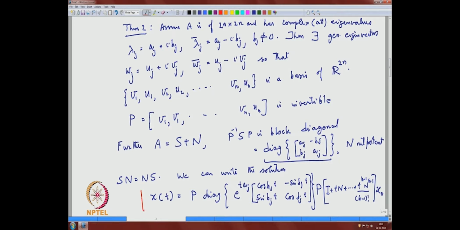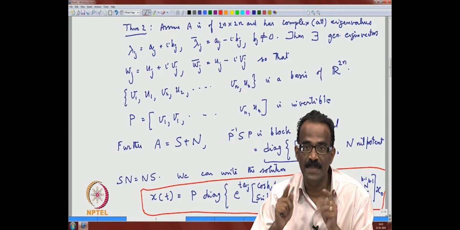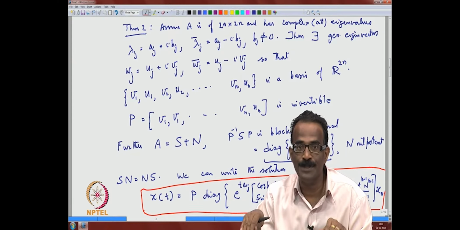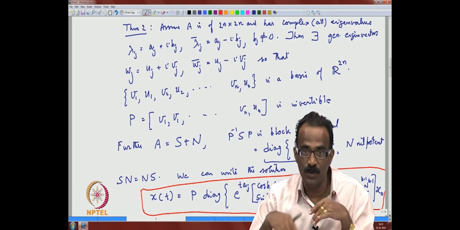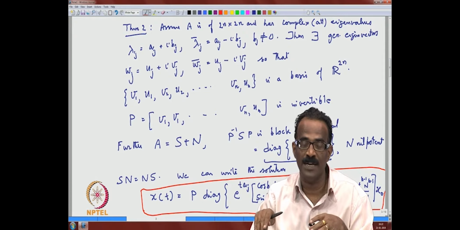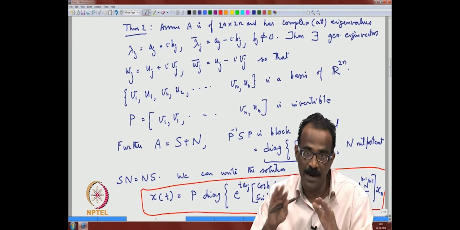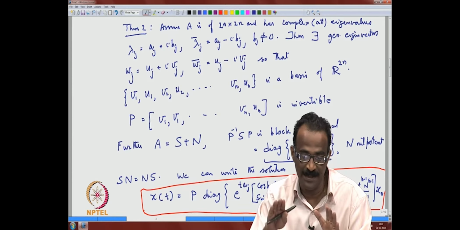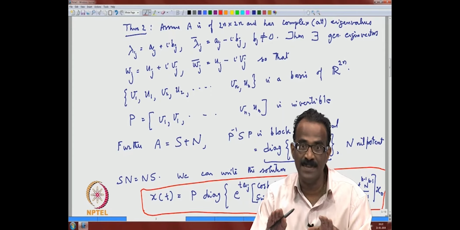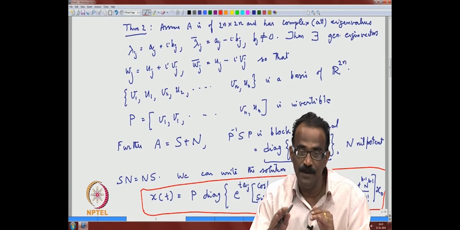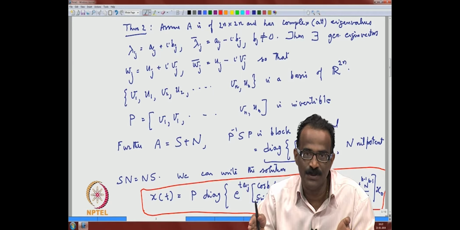The interesting point to be remarked here is that, to write down the solution, even though this block diagonalization is done by finding the generalized eigenvectors, at the end you do not need the generalized eigenvectors to be computed.